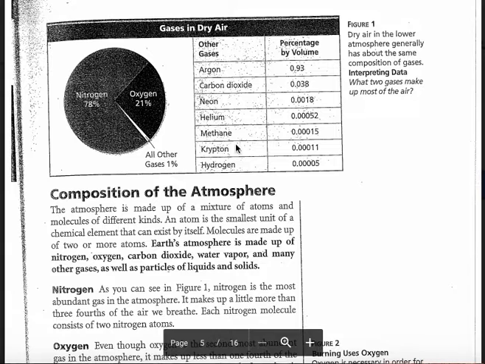So if you take a look here at this chart, argon, carbon dioxide, which I'm sure you've heard a lot about and we'll learn more about in our climate change unit, neon, helium, methane, krypton, and hydrogen. These are all gases in the atmosphere. And if you look here, the percent by volume, argon makes up almost that whole 1%, 0.93.